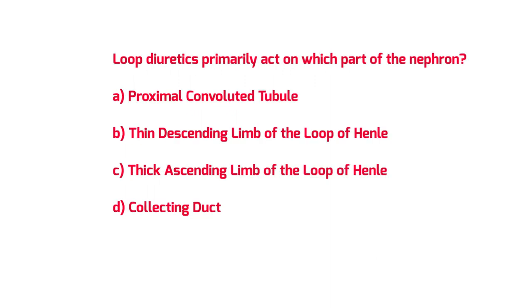Question 2, loop diuretics primarily act on which part of the nephron? Well, we can instantly rule out choices A and D because we didn't talk about the PCT or the collecting duct. We did talk about both B and C, the descending limb and the ascending limb of the loop of Henle.